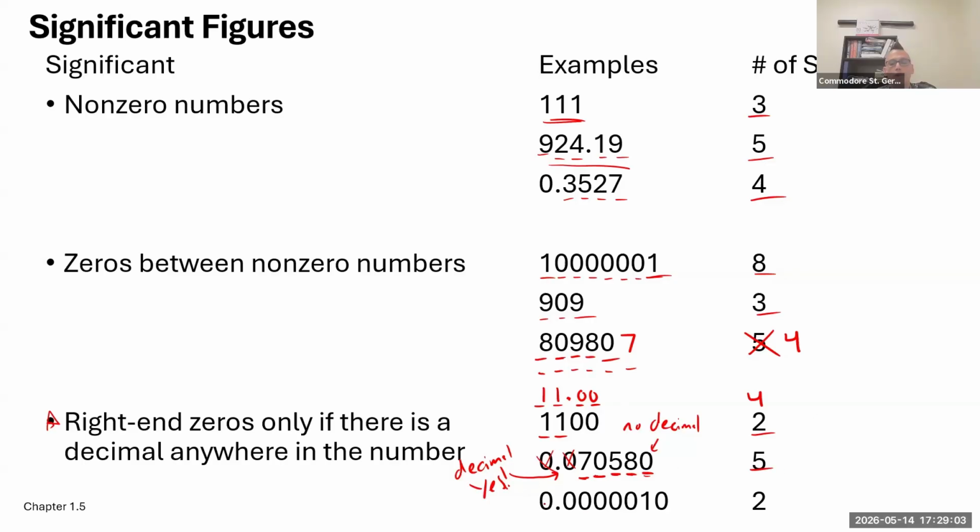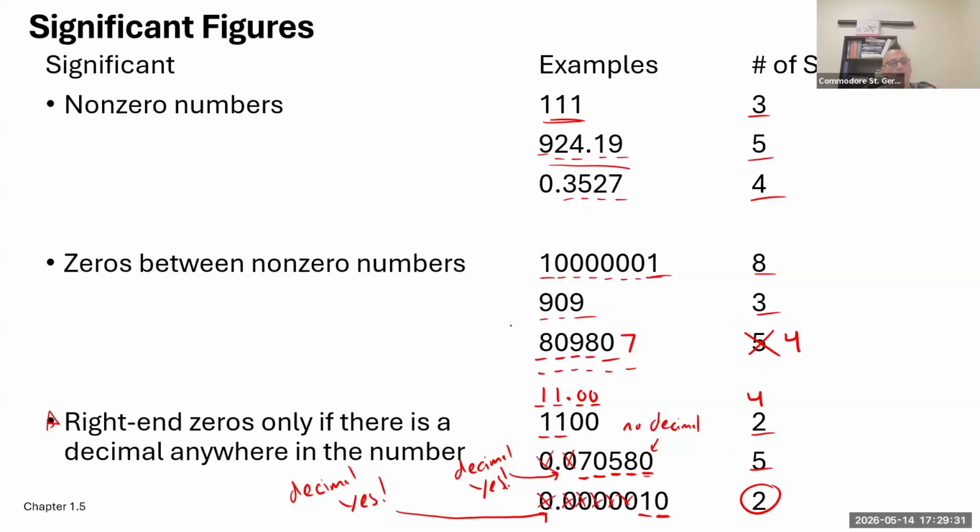All right, this one, a bunch of left end zeros. We don't care about those. All right, so we have to figure out these. This number 1 is a significant figure because it's a non-zero. Here we have a right end 0. Is there a decimal? Yep. So we'll say decimal, yes. So it's going to be now 1 and 2.